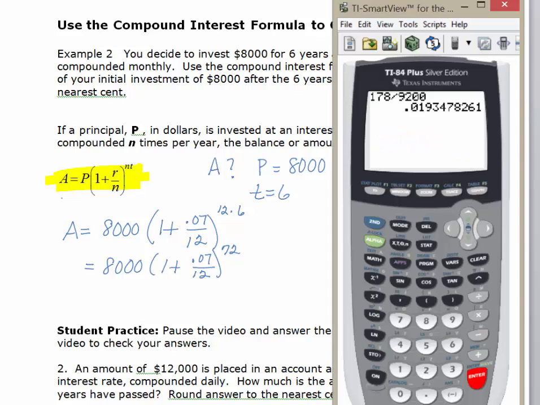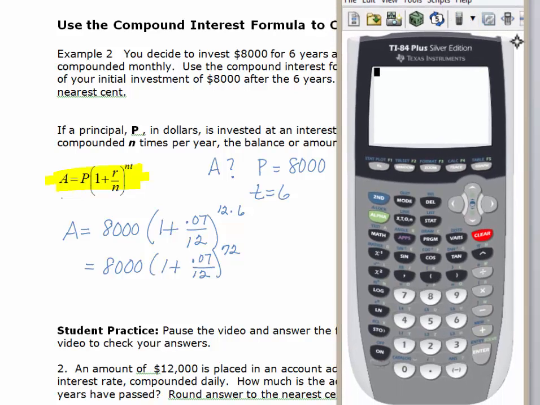And we're going to type this into our calculator, clear out what we had there before. We're going to take the 8,000. On the TI, we can type this in almost exactly as you see it. Open parentheses, 1 plus 0.07 divided by 12.